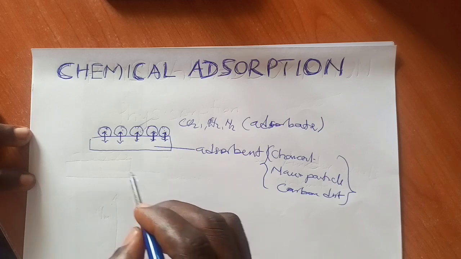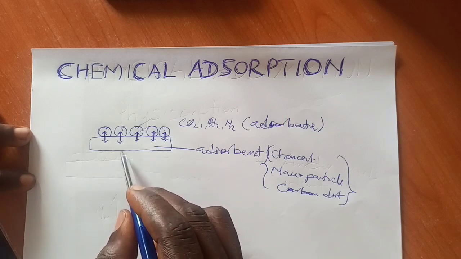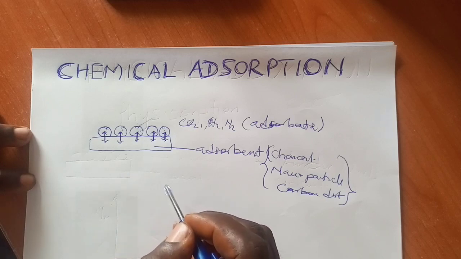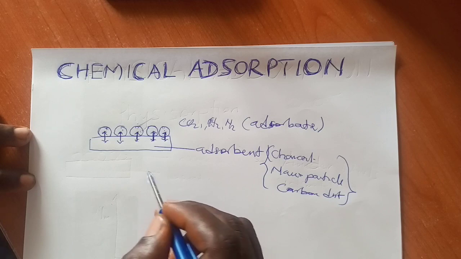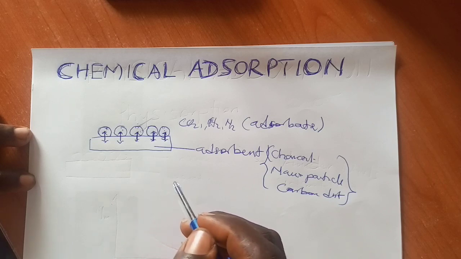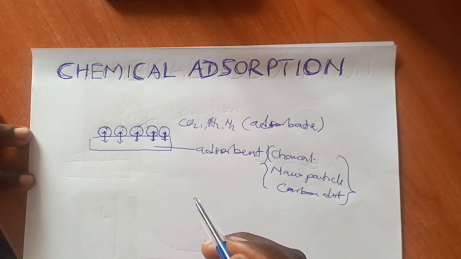I told you that the temperature at which physical adsorption occurs is usually low, but chemical adsorption occurs at high temperature, and because of that the heat of adsorption in physisorption is low, while in chemisorption it is high.